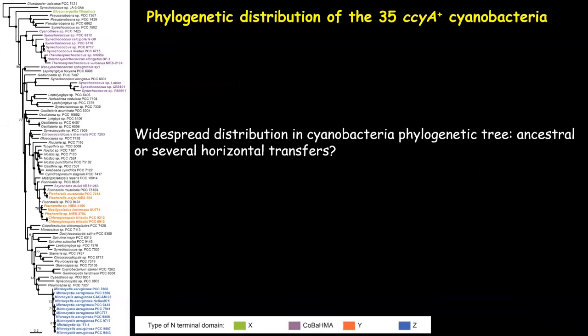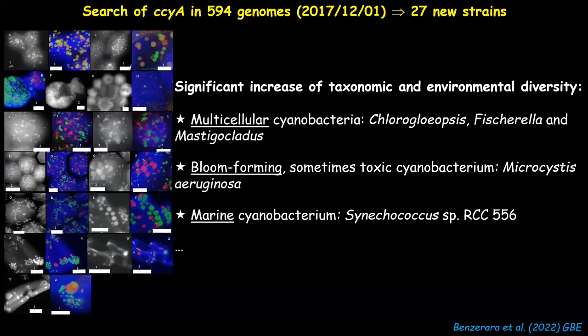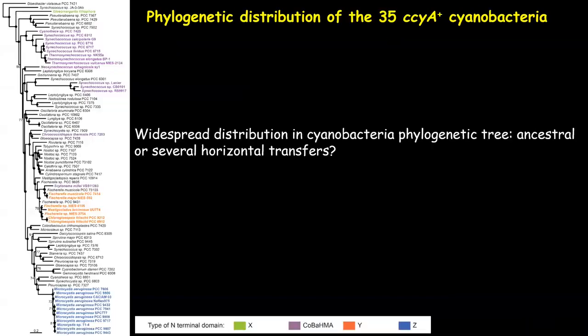Now we have 27 plus 8, so 35 cyanobacteria forming intracellular carbonates. The question is, how are they related to each other phylogenetically? To do that, again using the genomes, you have some information about the phylogeny, the genealogy somehow, of these cyanobacteria.